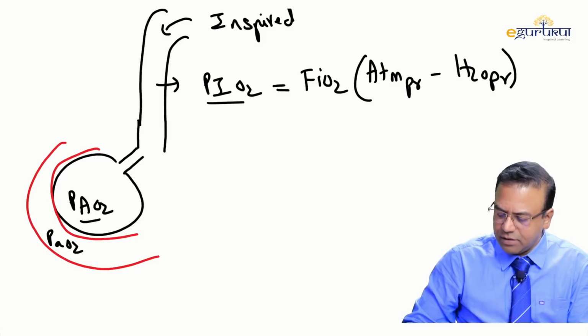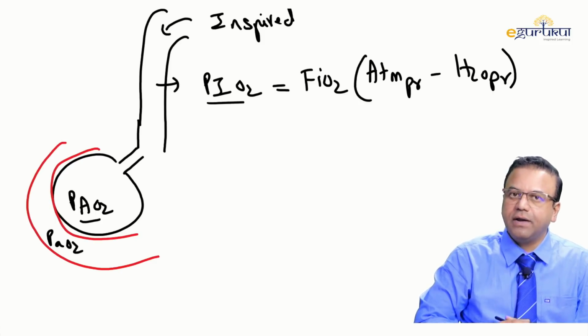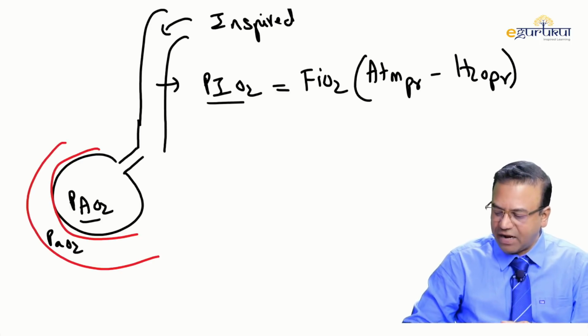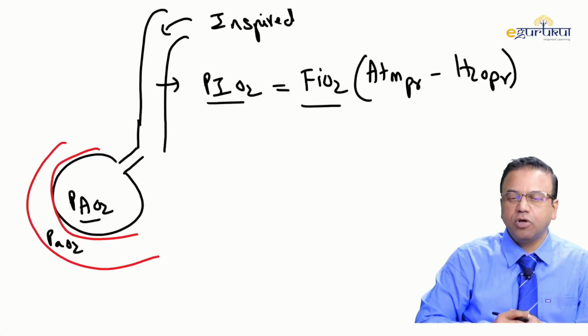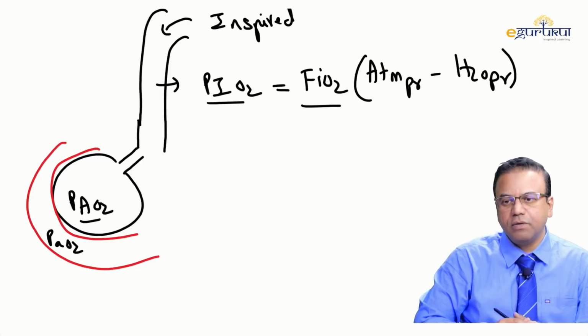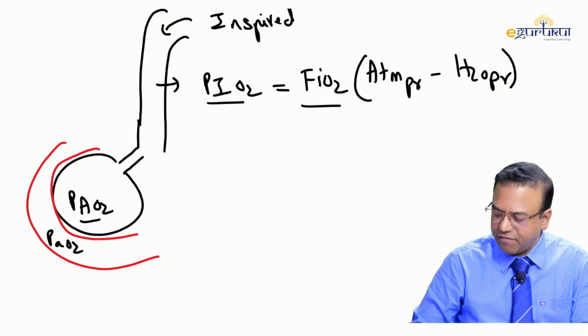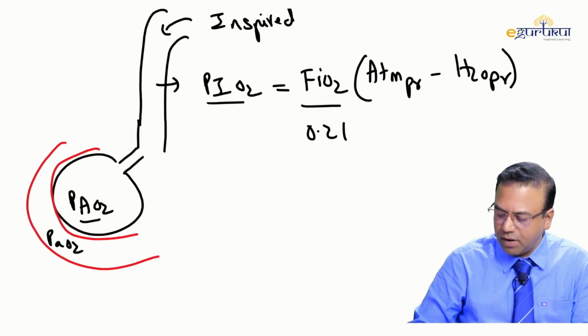The logic here is that when we breathe in, the fraction of carbon dioxide we are breathing in is almost negligible. This is 0.00004, which means it's almost negligible. Unlike that, the fraction of inspired oxygen is 0.21.